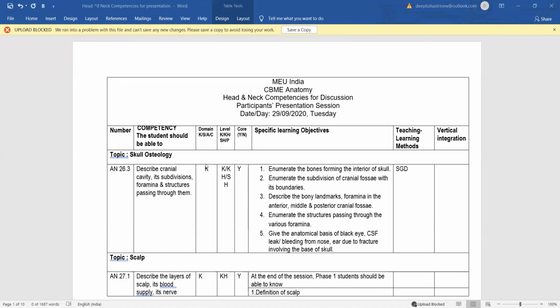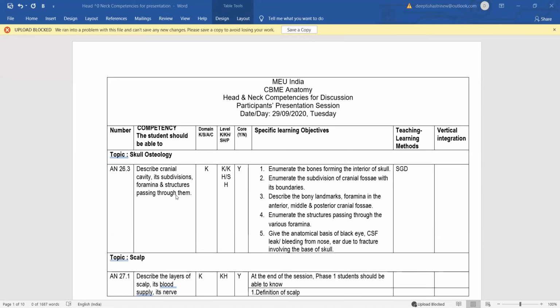And here I really do not know why SH has been mentioned if the competency is only theoretical, describe. Dr. Divya, you yourself pointed that out, I guess. That's the second query. Yes, ma'am. 26.3, 30.1, and 30.2 all of them have cranial cavity as the competency.